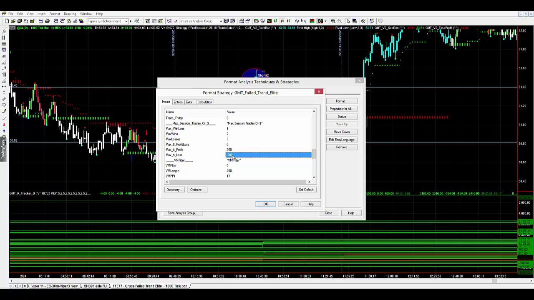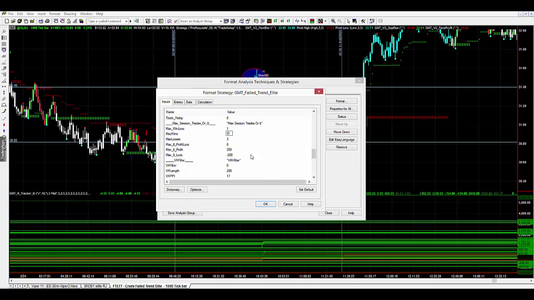At the moment it's set at negative $200, so that's one trade. However, here, with this 3, I know that the maximum I can lose is $600, because 3 times 200 is $600, and the maximum I can make is $400. So I really want that to be around the other way, don't I?